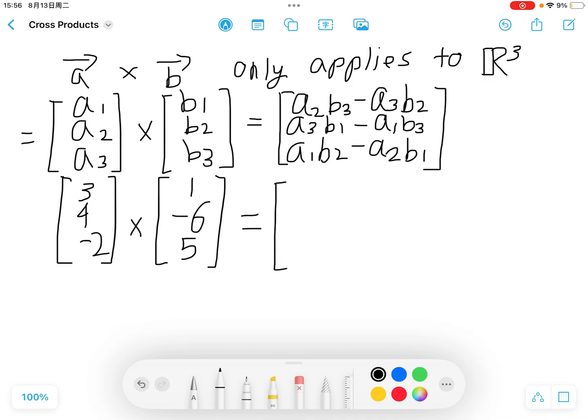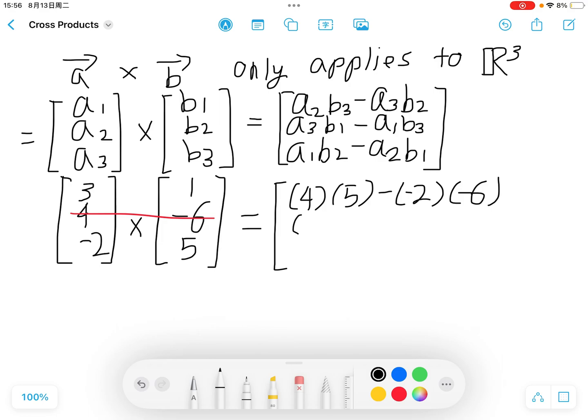The result will be, so for the first dimension, we ignore the first row. And we have 4 times 5 minus negative 2 times negative 6. That's essentially what we were meant to do for the first component of our new vector. And then for the second component, we ignore the second row.